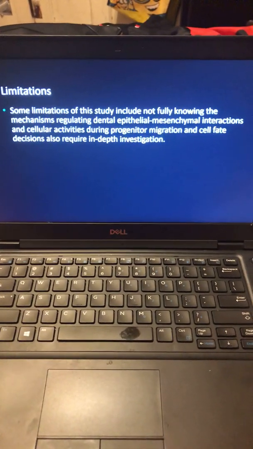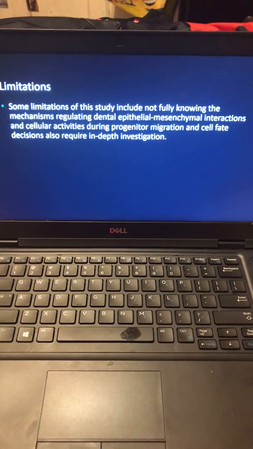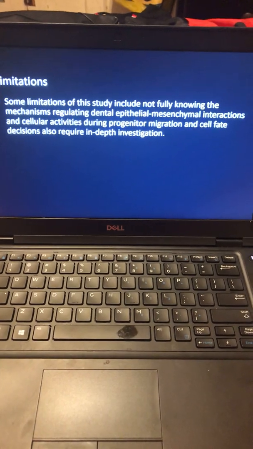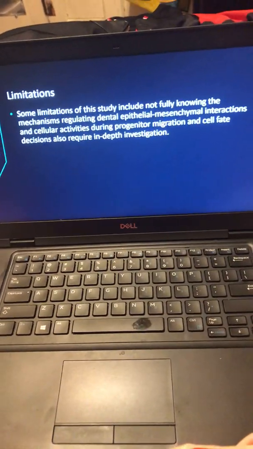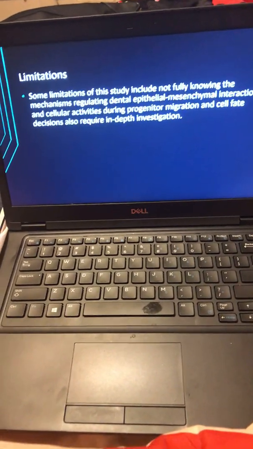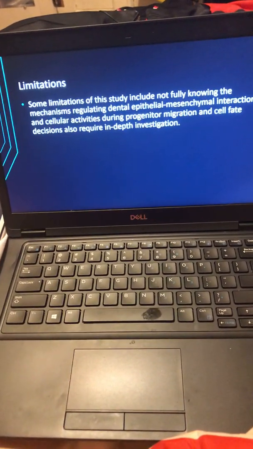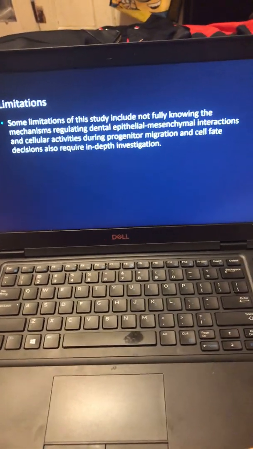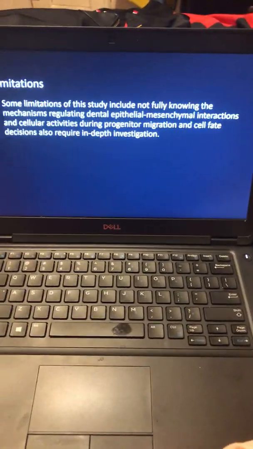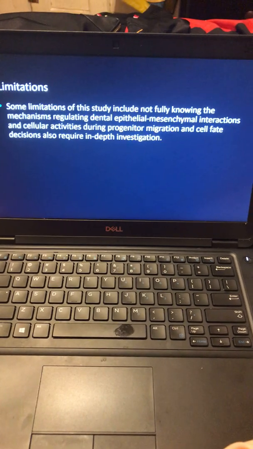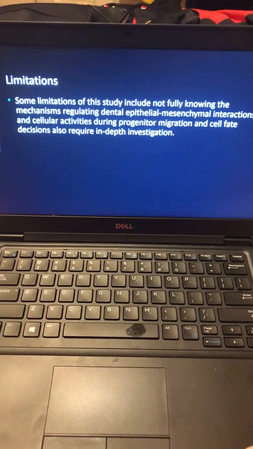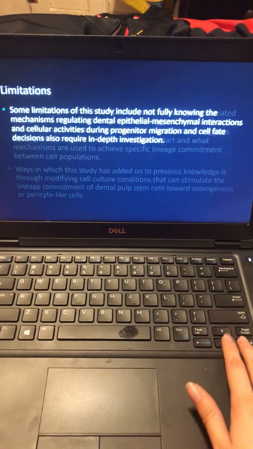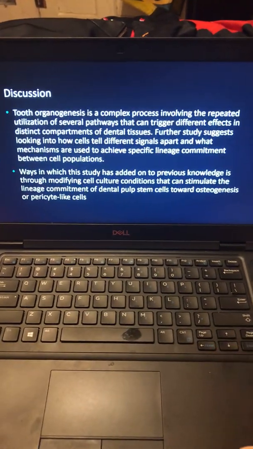It's just something that needs to be built on, based on this information, like for example knowing of the SOX2 genes and the miRNA. That's why there weren't so many results or different findings for this. It's just a little eye-opener for future studies.